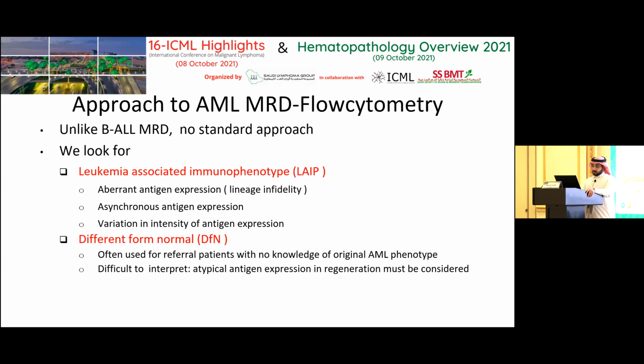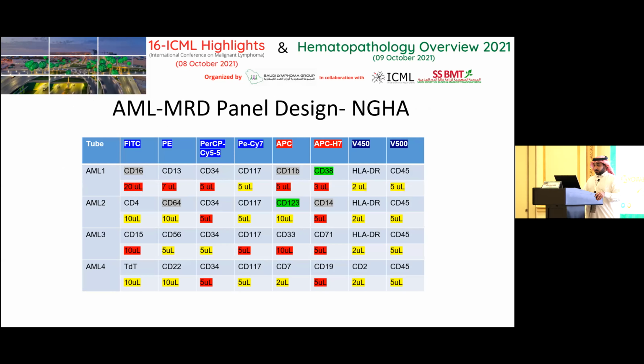In leukemia-associated immunophenotype, we look for apparent antigenic suppression, asynchronous antigen expression, and variation in the intensity of antigen expression. The different-from-normal approach is usually used in the case of a referred patient with no knowledge of the original AML phenotype, and it is difficult to interpret. Sometimes atypical antigen expression in regeneration must be considered.